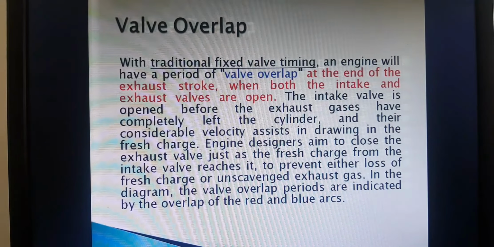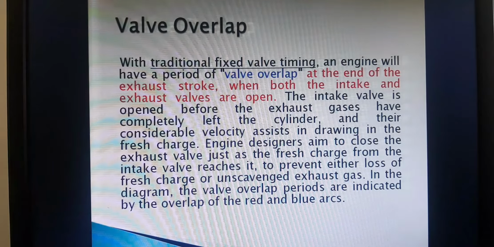The intake valve is opened before the exhaust gases have completely left the cylinder, and their considerable velocity assists in drawing in the fresh charge. Engine designers aim to close the exhaust valve just as the fresh charge from the intake valve reaches it, to prevent either loss of fresh charge or unscavenged exhaust gas.